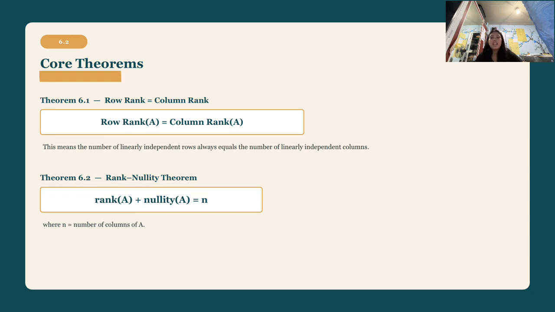It states that rank of A plus nullity of A equals n, where n represents the number of columns of the matrix. These theorems are very important because once we know the rank, we can immediately determine the nullity. For example, if a matrix has 4 columns and its rank is 3, then the nullity must be 1.